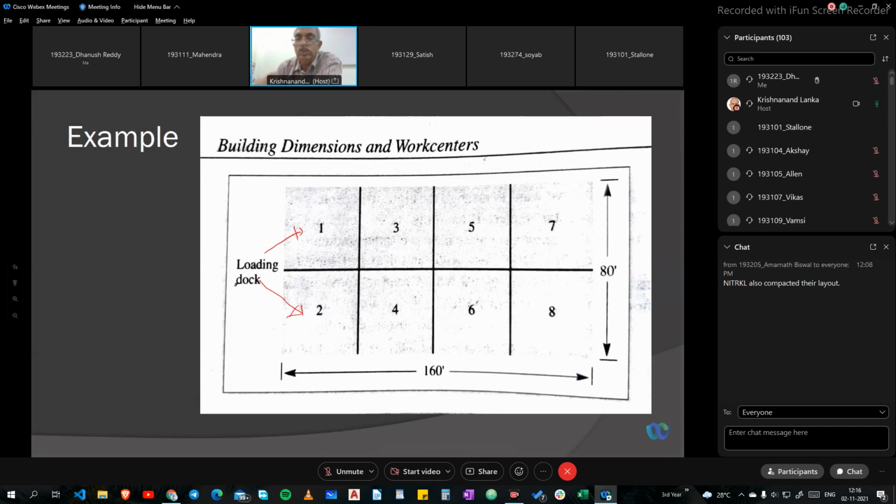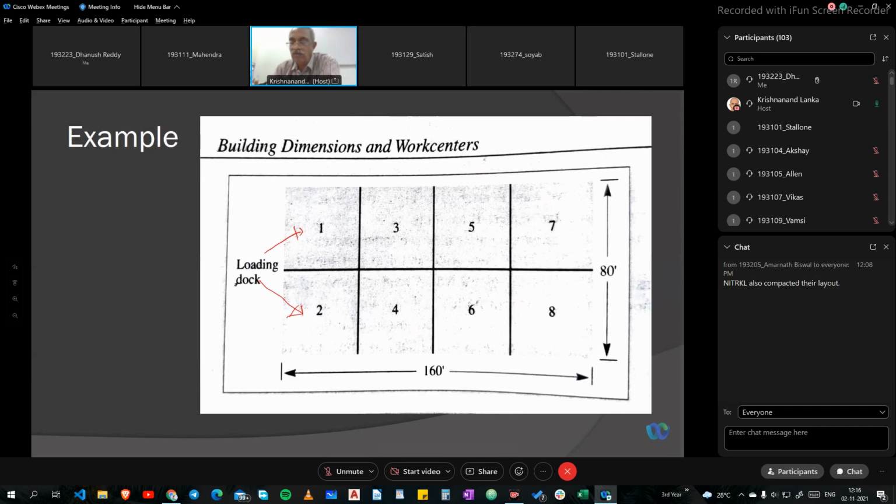So sometimes you may not have full flexibility to interchange all the departments as per the frequency of interaction. Some departments you may not be able to move because, for example, you may be constrained to move 1 to 5 because one may need direct access to a loading dock, right?